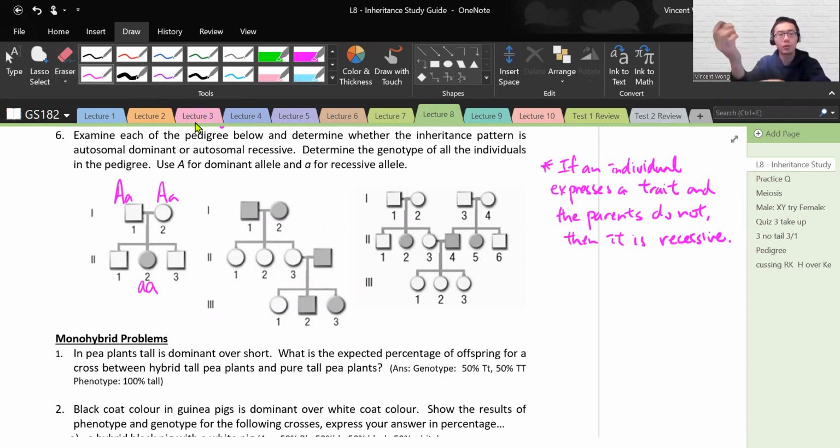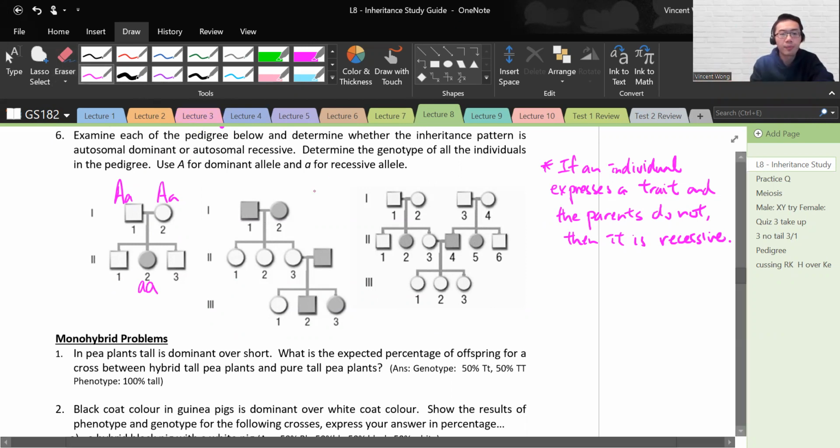Is this dominant or is this recessive? You can test it out first. You can guess. Okay, so let's say we guess that it is recessive. Just a wild guess. Right? If it's recessive, the only way for you to have the condition is to be homozygous, right? Little a, little a. So if you have little a here and little a here, then that means all their kids must also have the condition, right?